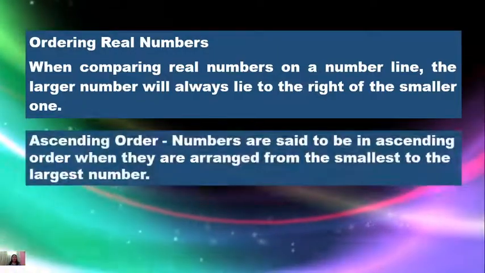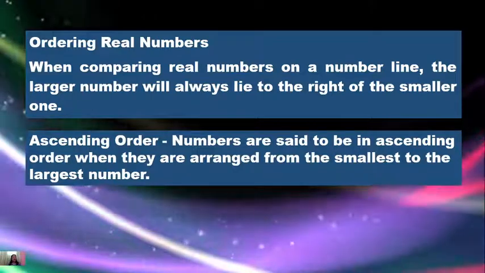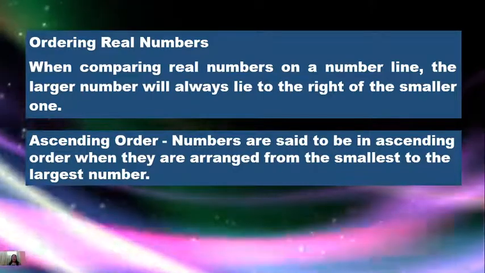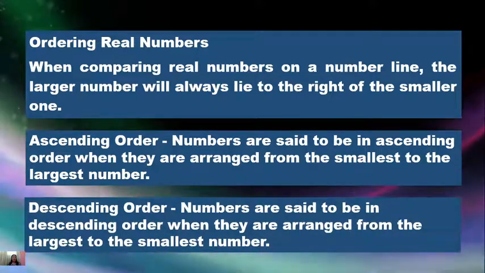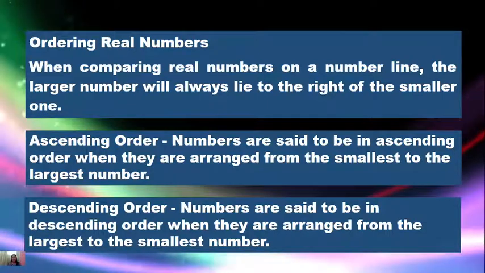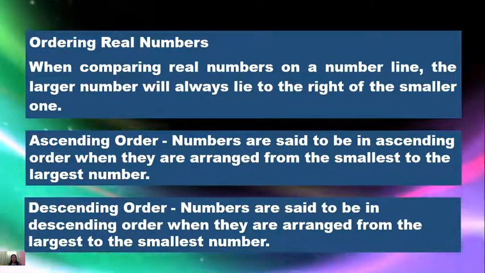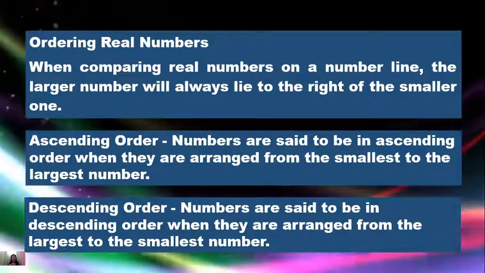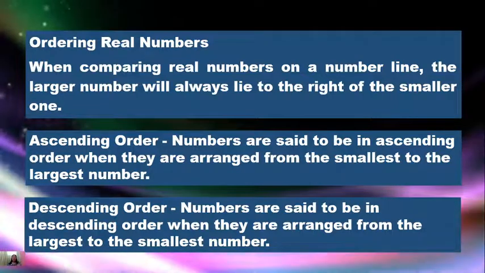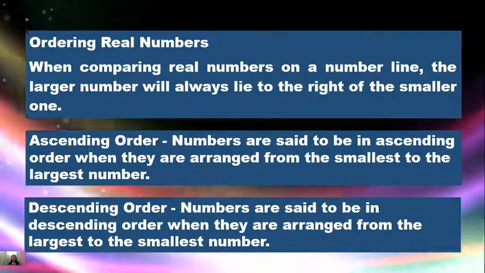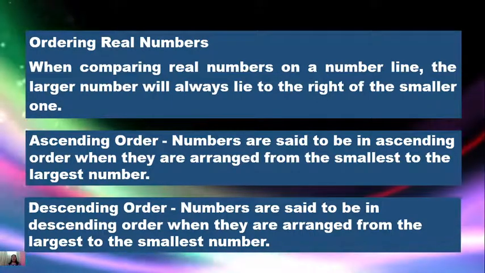Okay, next. Ascending. There are two ways on how to arrange real numbers. Pwedeng ascending, pwedeng descending. Pero ano yung pagkakaiba ng dalawa? Ascending means increasing order. Numbers are said to be in ascending order when they are arranged from the smallest to the largest number. Let's say if you will arrange 3, 5, 1 using ascending order.